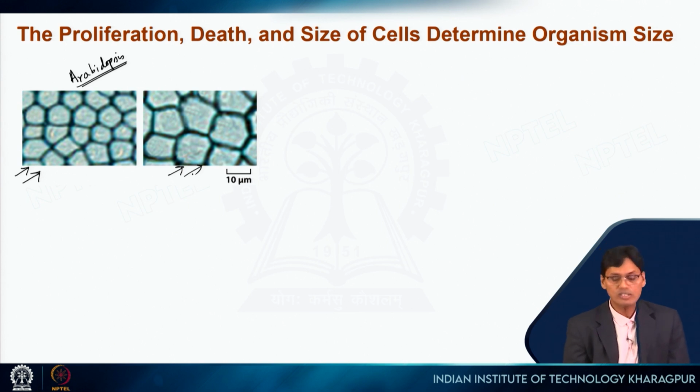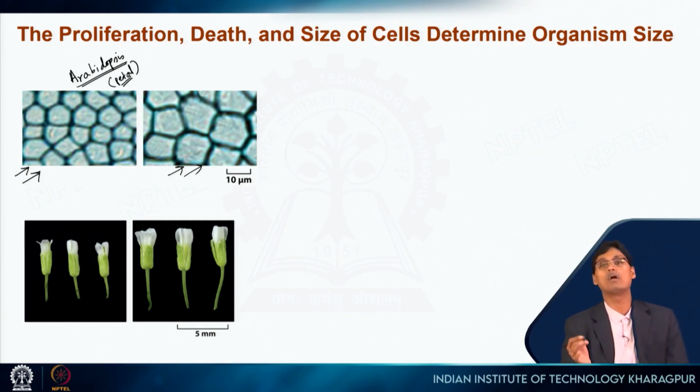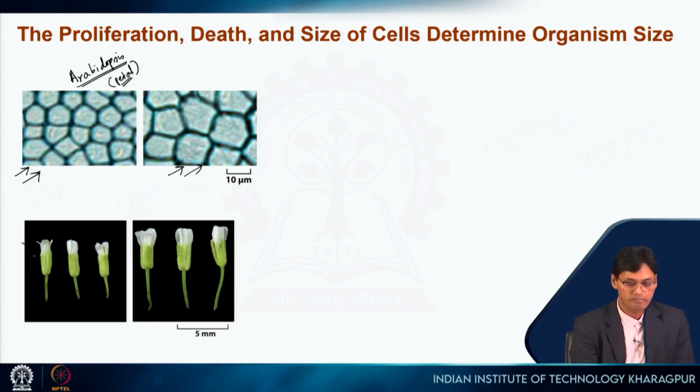These cells, whatever I am showing here, are from the petal. Petal means the part of the flower, right? So this is the petal. As a result, now you see the flower size. This is the normal Arabidopsis plant.